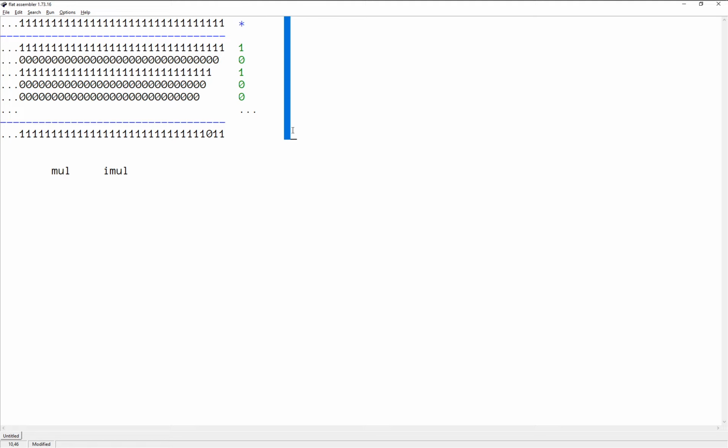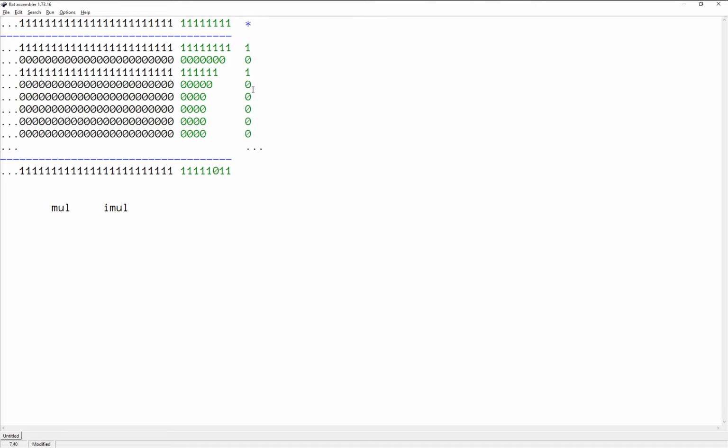Let's say that we have an 8-bit multiplication here. We need 8 bits. And now we are going to compute the product that has twice as many digits. So for 8-bit multiplication, we are going to make a 16-bit product.